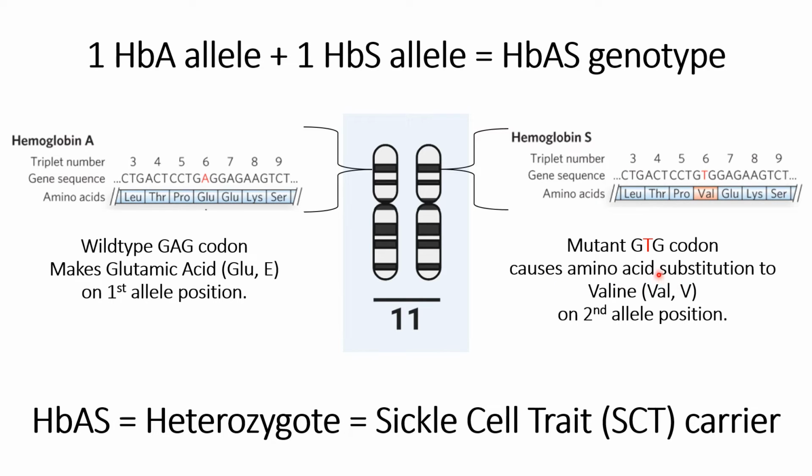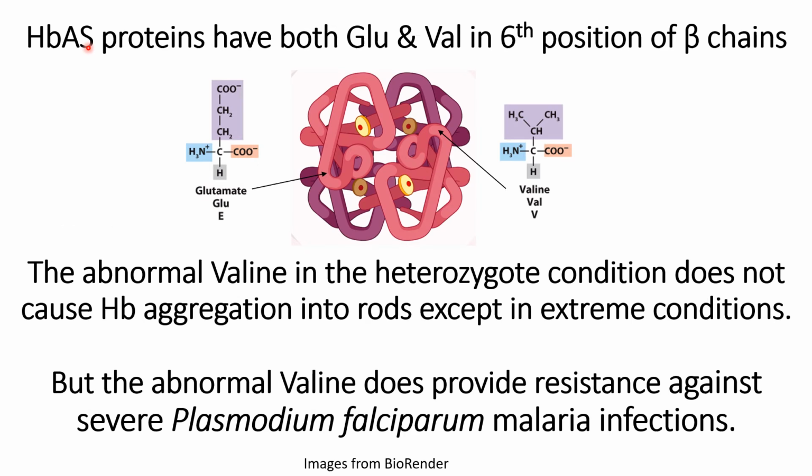So this would create a HbAs genotype, which would be a combination of both because the 11th chromosome shares these 2 different allele types. This would be known as a heterozygote because there's 2 different alleles being expressed, and this would be someone that has sickle cell trait as a carrier and would have the heterozygote advantage with malaria.